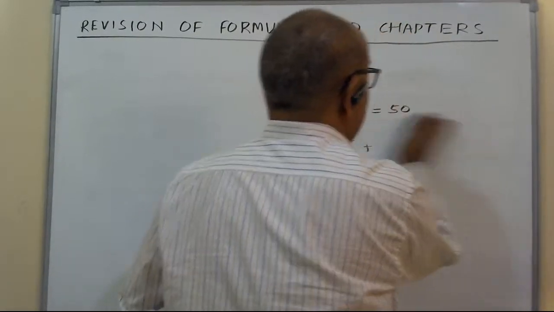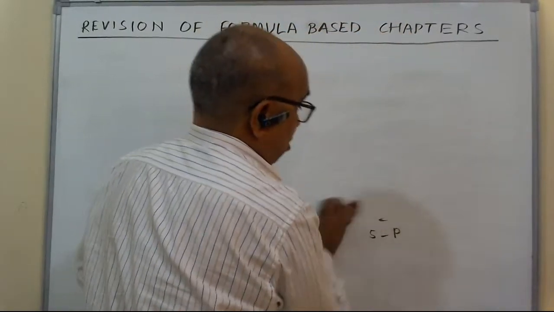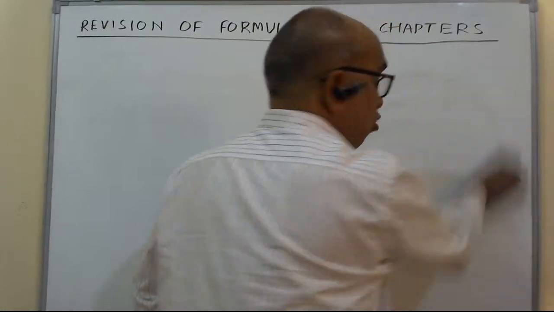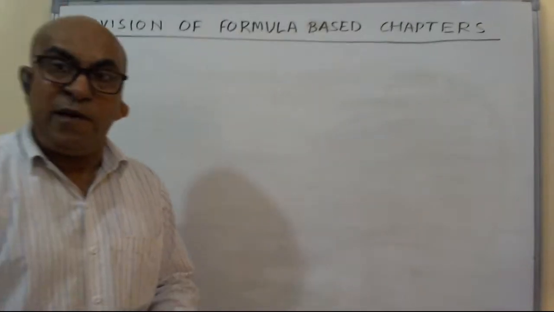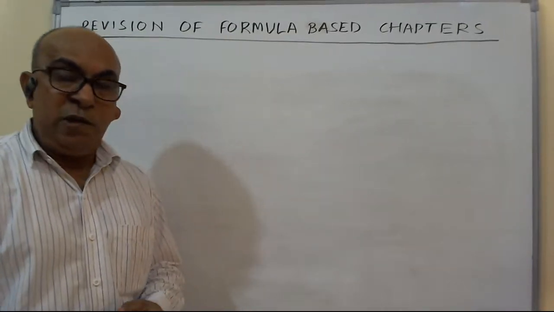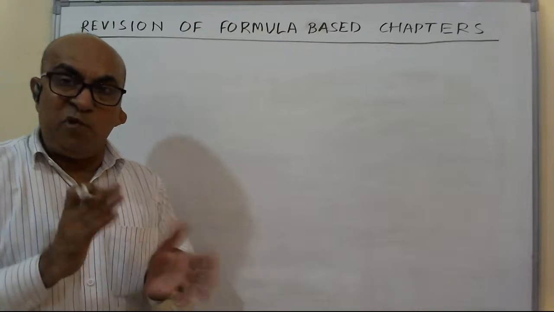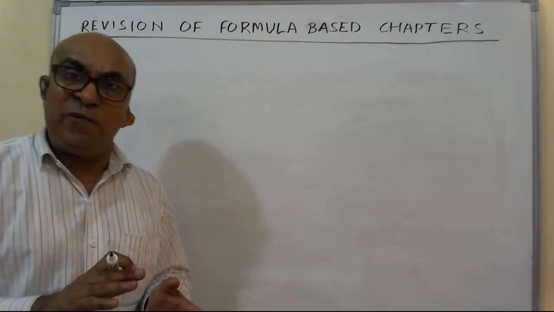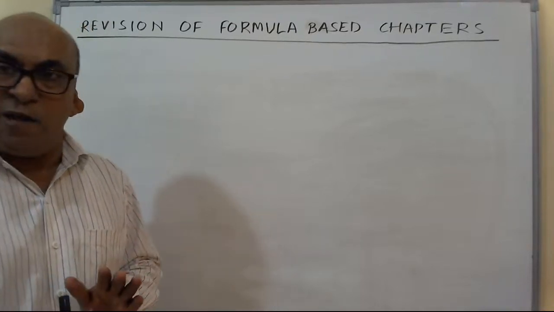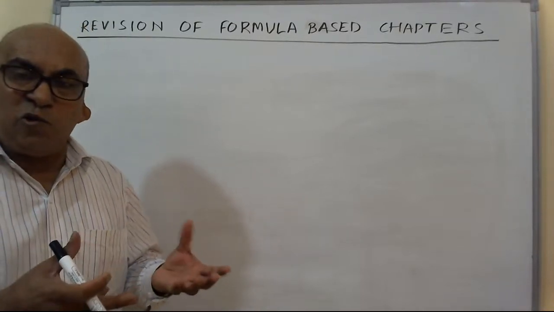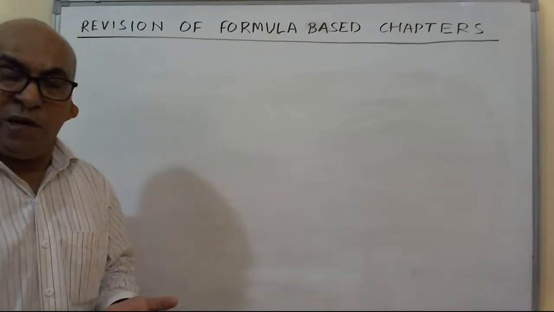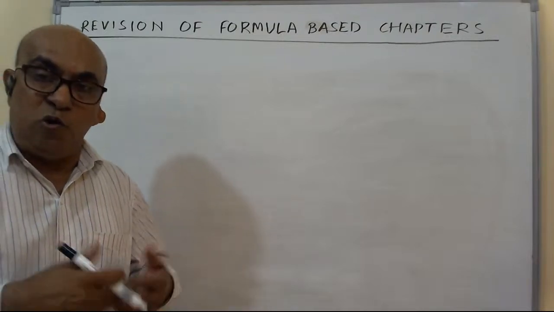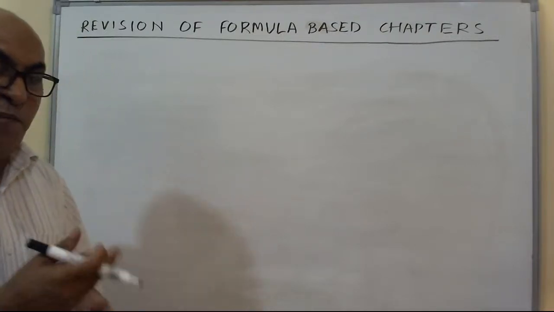Solids may be cuboid, cube, cylinder, cone, and hemisphere. Mostly in combination they use cylinder and hemisphere, cylinder and cone, cone and hemisphere. In a cuboid also they make hemispherical depression or conical depression. That's why they are framing questions.